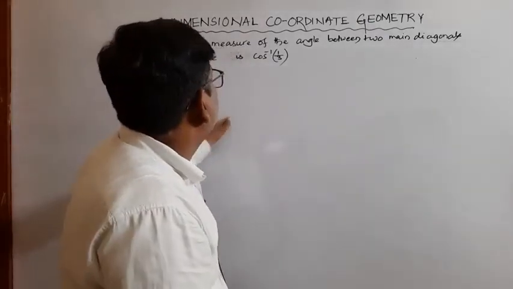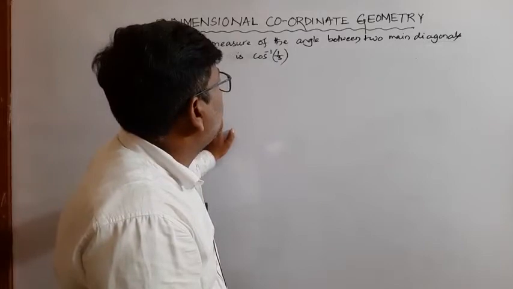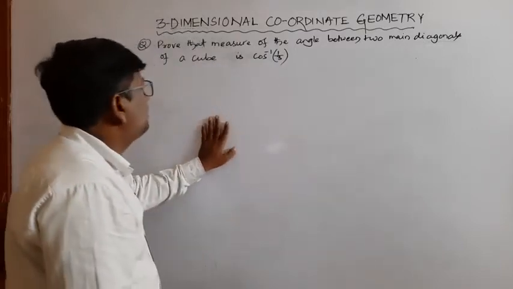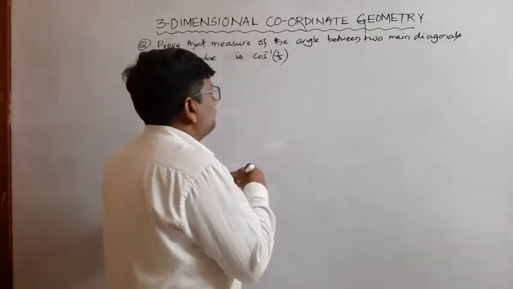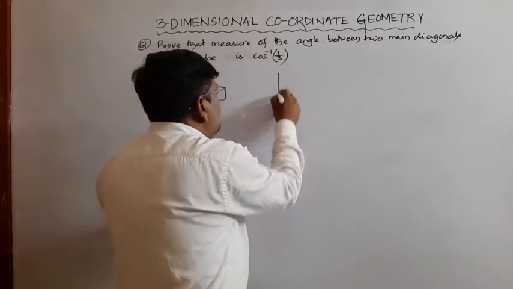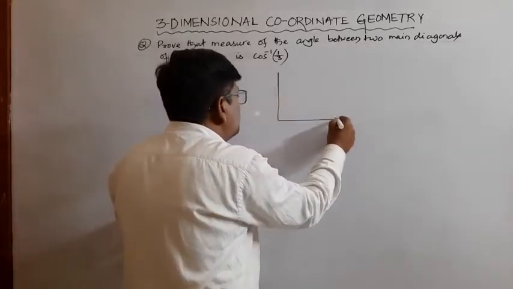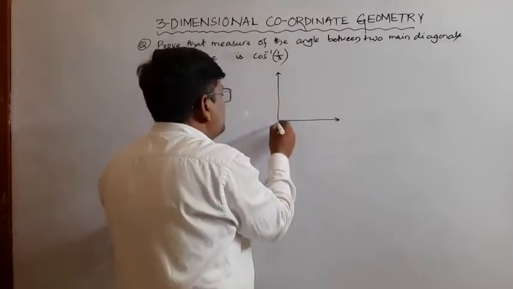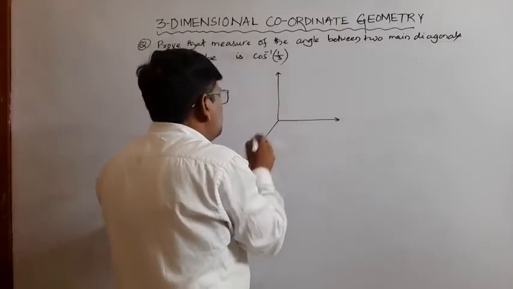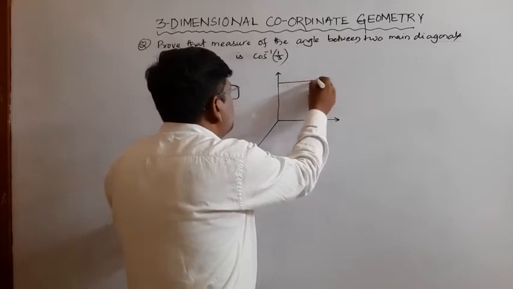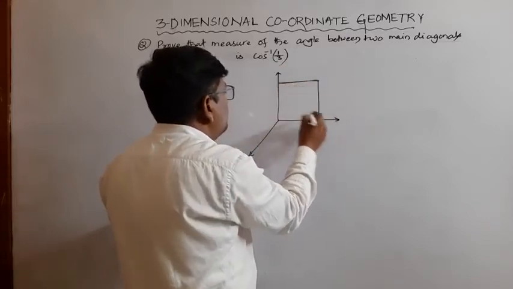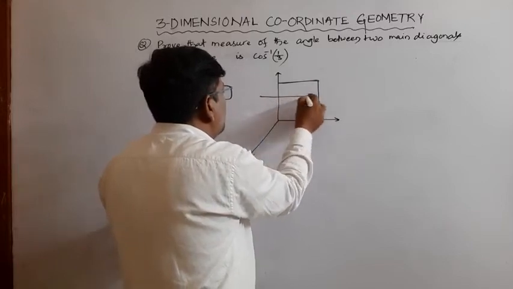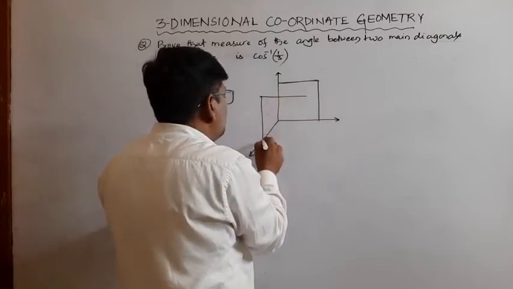Prove that the measure of the angle between two main diagonals of a cube is cos inverse 1 by 3. Suppose these are the coordinate axes, and this is a cube.